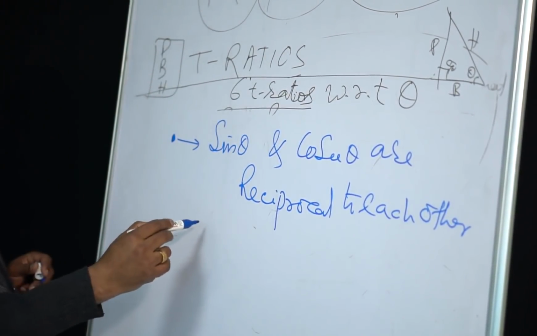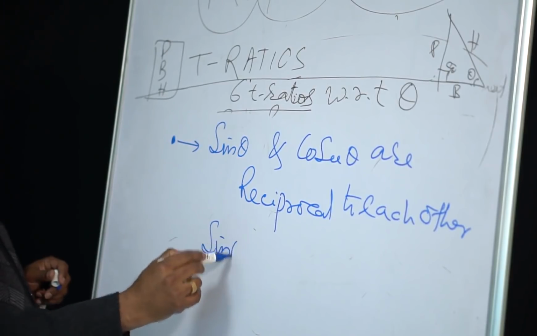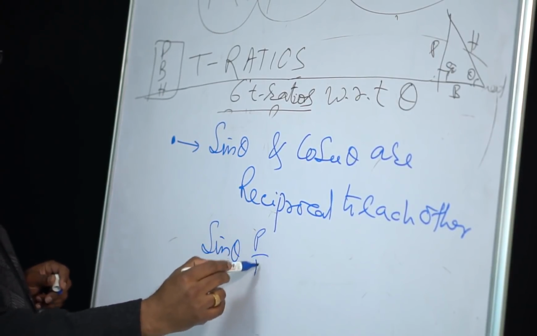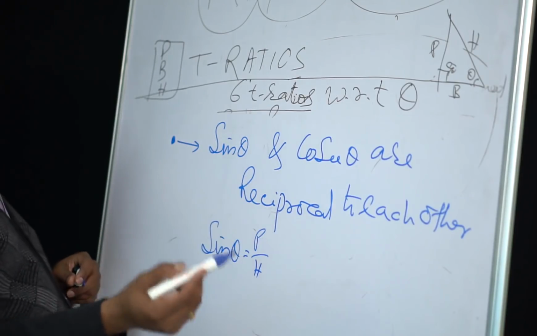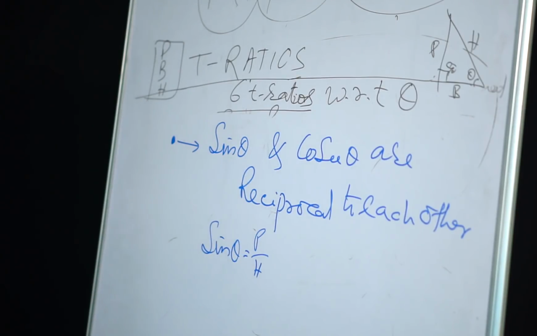So what we learned: sine theta is P by H, perpendicular by hypotenuse, then cosec is the reciprocal. Just for example, tell me, if 3 is a number, what is the reciprocal of 3? Yes, tell me. I'll give you 1 minute. Yes.